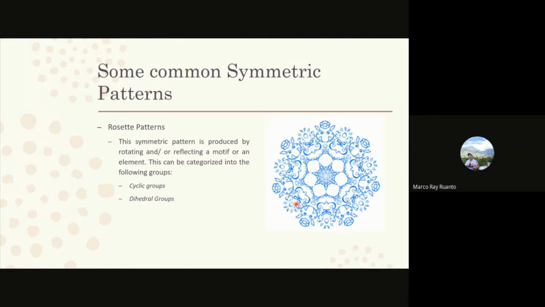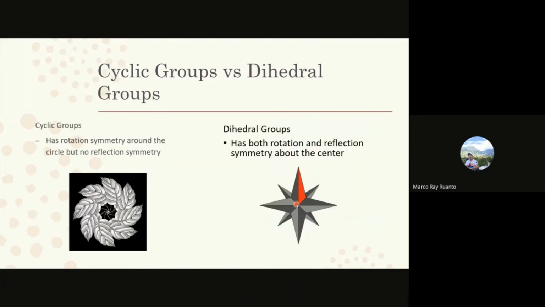It is categorized into the following groups. A rosette pattern is a composition of reflection and rotation. So we have cyclic and dihedral. When we say cyclic, only rotation is involved. But when we talk about dihedral, it is both reflection and rotation.